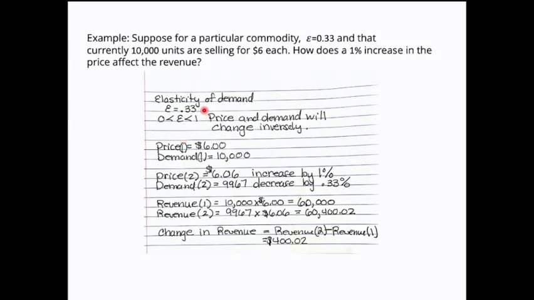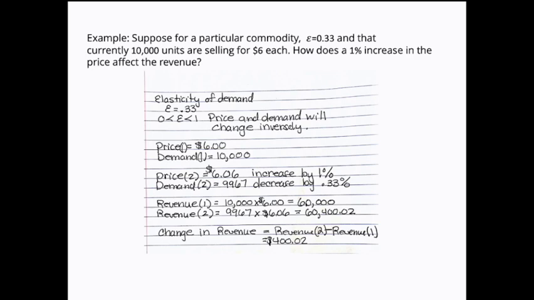So now, looking at the elasticity of demand, we have that it's 0.33. And after going through the changes in price and demand, we found the change in revenue. We found that when the elasticity is 0.33, the revenue increased.